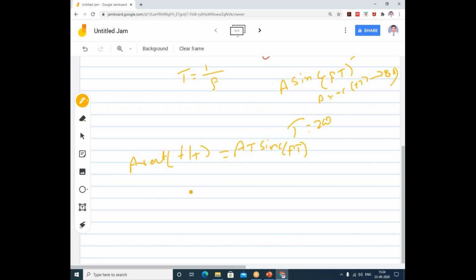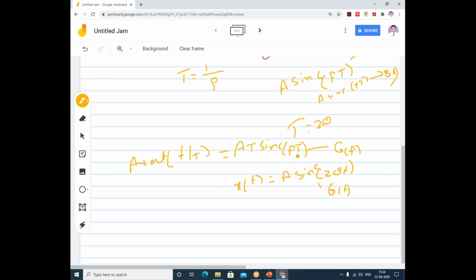Now, for the given problem, we have x of t equal to A sinc 2 omega t. Now you compare with this. So that means what we are having, this is what your G of f is. Now, this is what your capital G of t is. So you replace f with t.